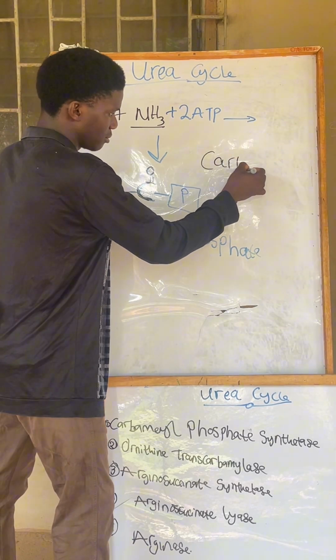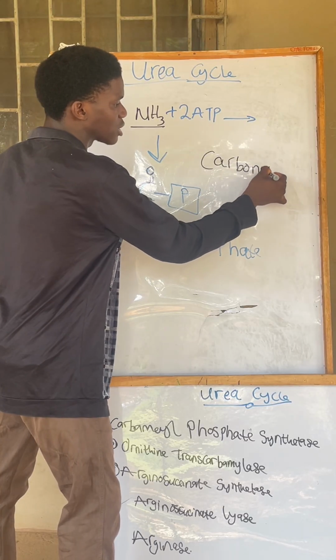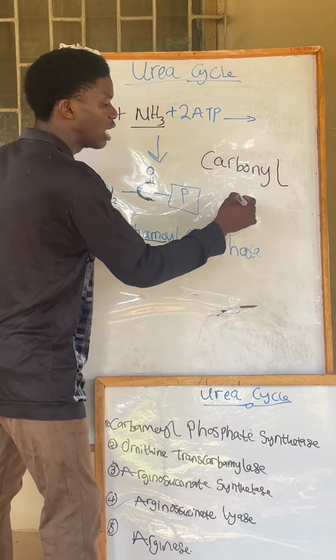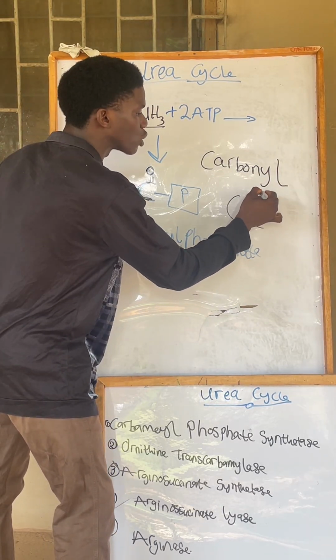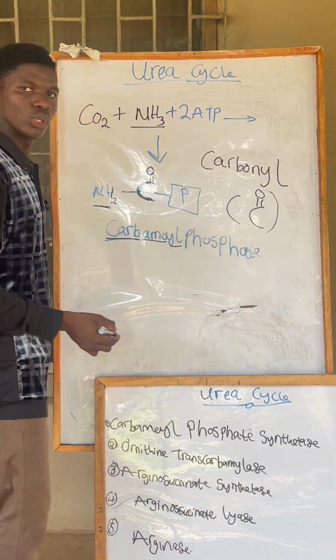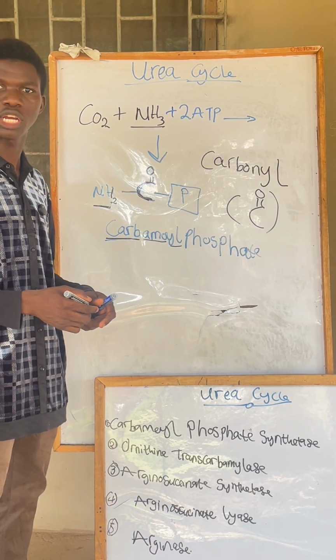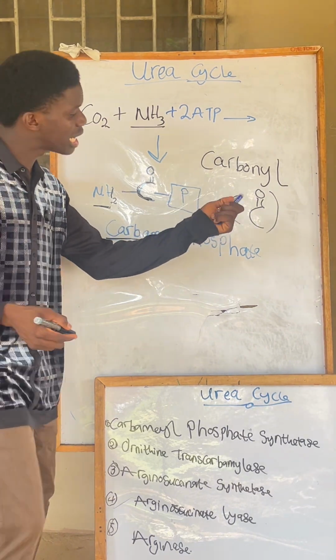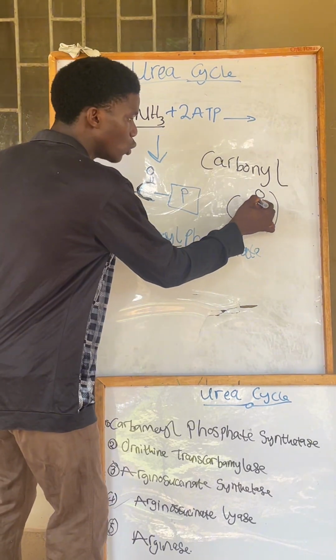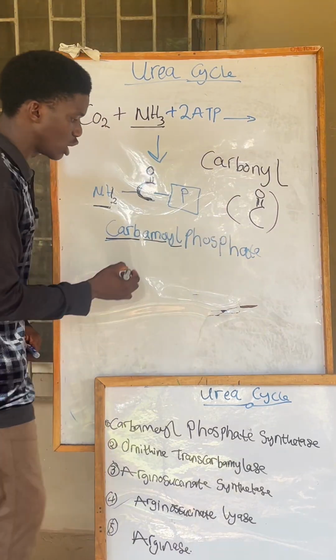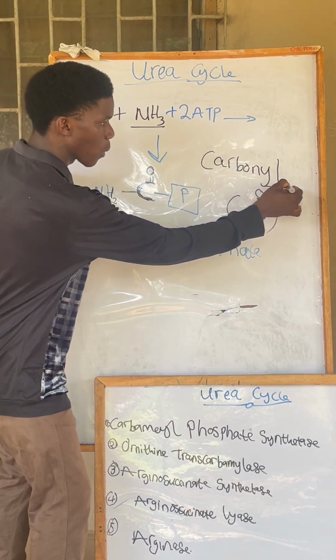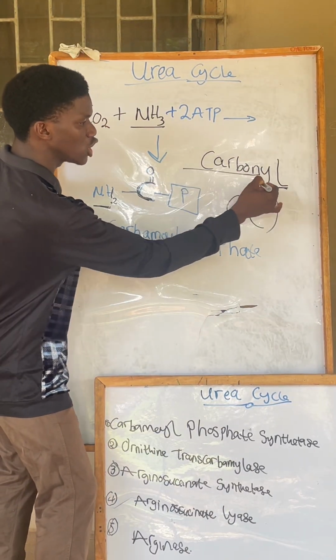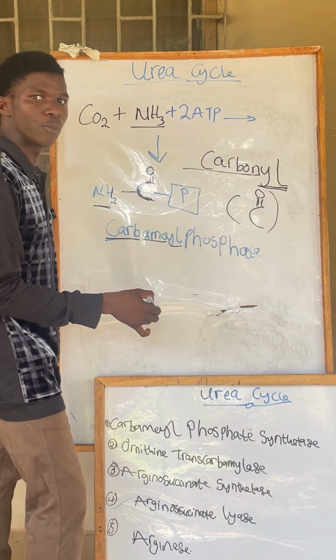Carbonyl, if you understand your organic chemistry very well. When we talk about carbonyl, we are talking about a carbon with what? This: double bond and oxygen on it. A carbonyl carbon, or carbonyl group, is a carbon with oxygen on it. So this YL, you know this is carbon, this YL is telling you the type of the carbon.